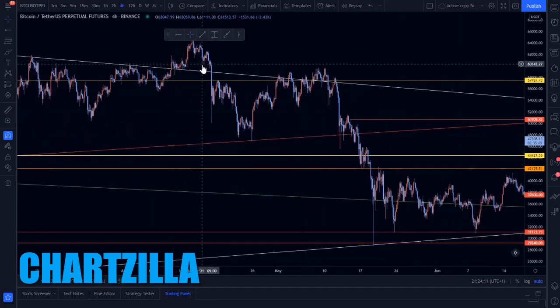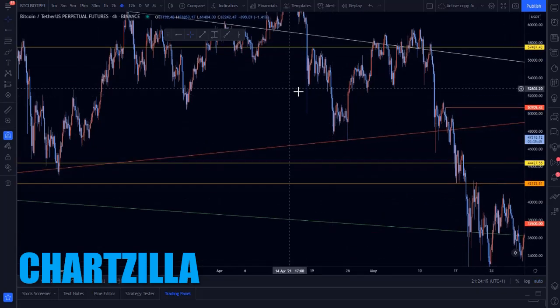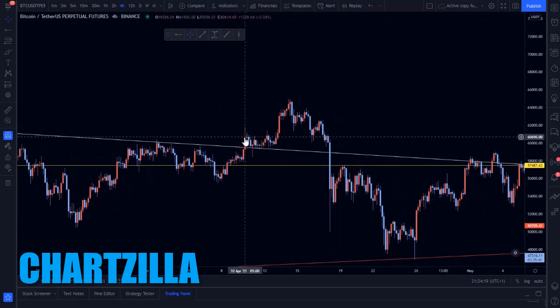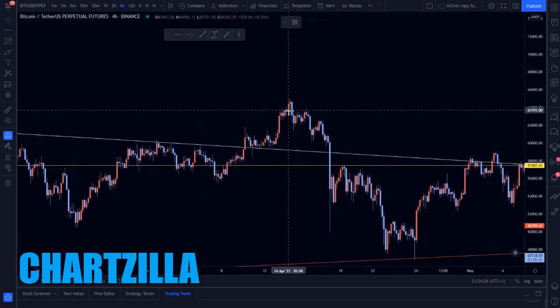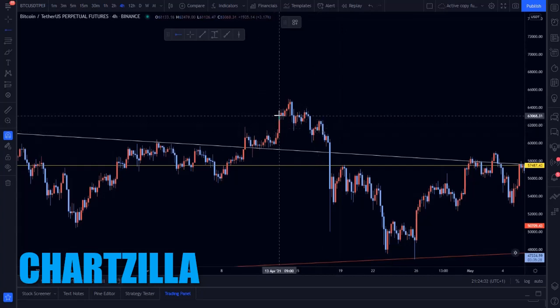All of this is cooked. You've got one level, which is like 63,050, I think. When you're looking at this, look, tested. You've got this level, which isn't quite tested, but I'd be looking at 63.